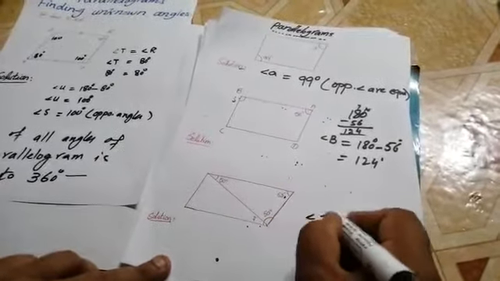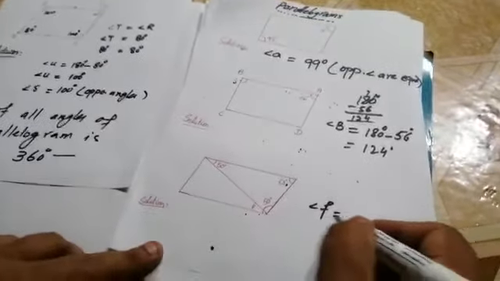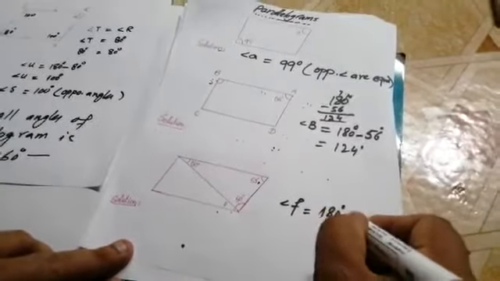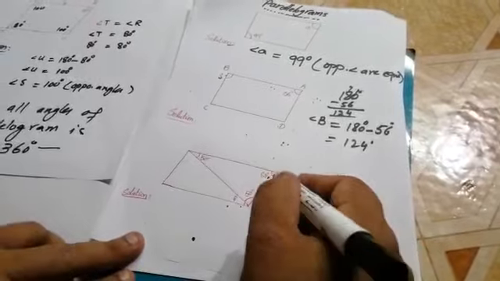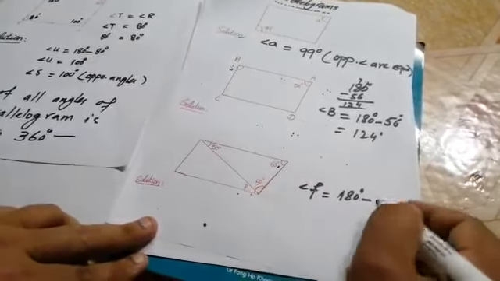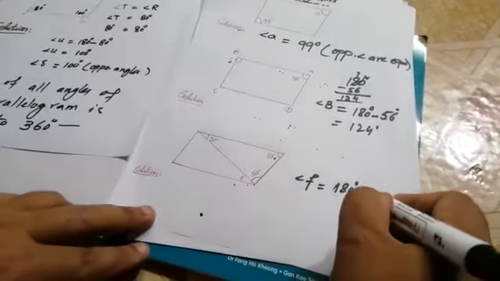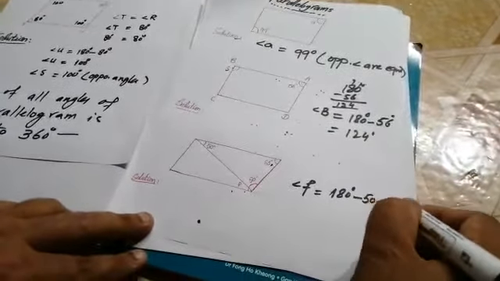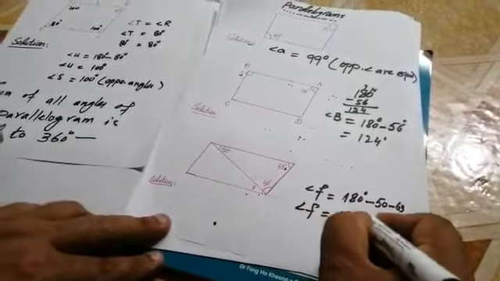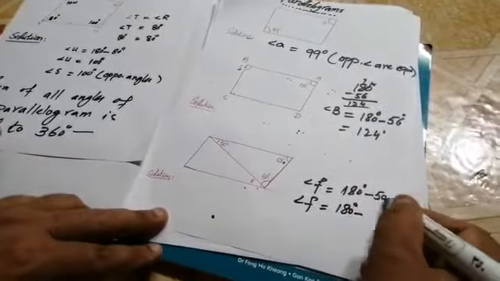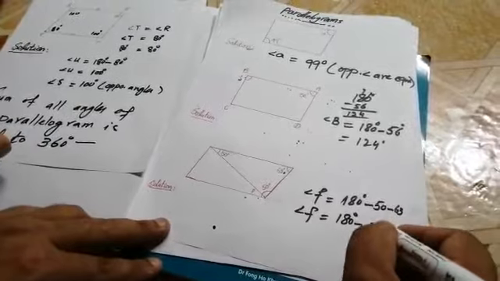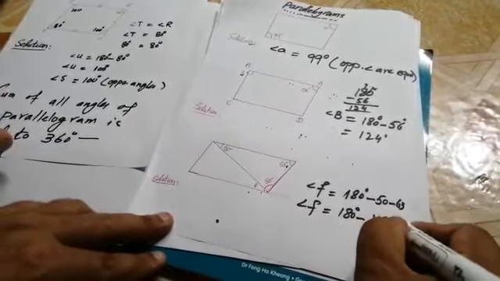So what are you going to do here? Angle F you're going to find equals, first of all, add these two angles: 180, because if you join this angle and this angle, they will be equal to 180, minus 50 and minus 63, right? Angle F, so 180 degrees, first of all you add them because both have minus. It will be equal to 113, I think.